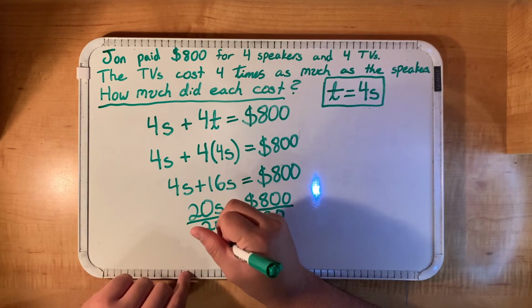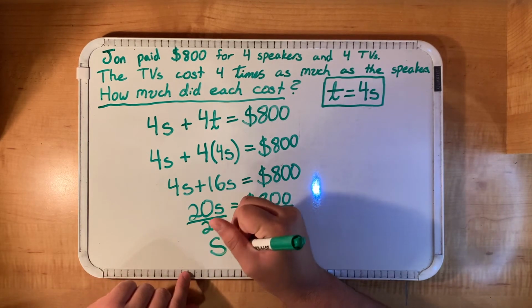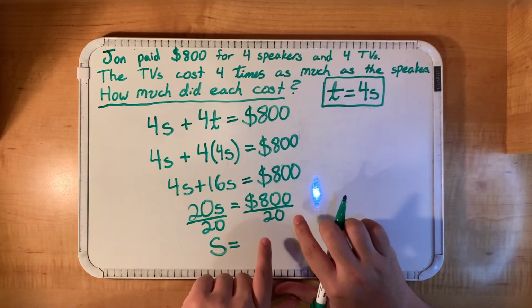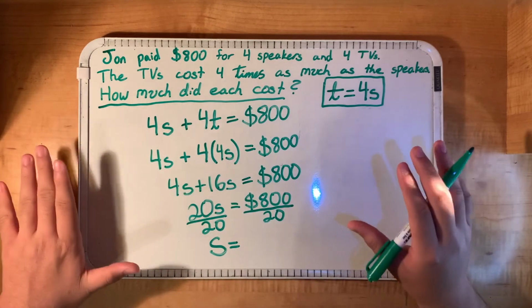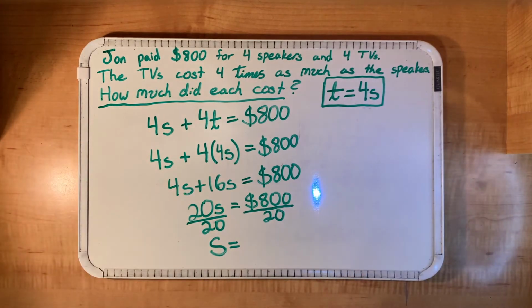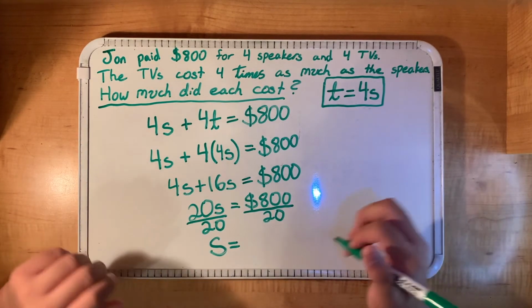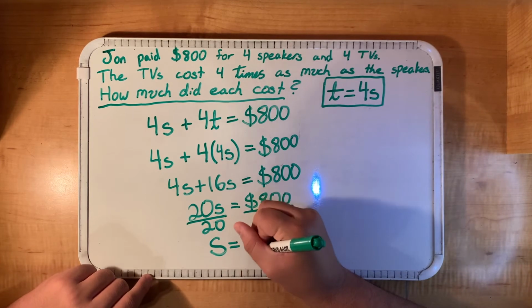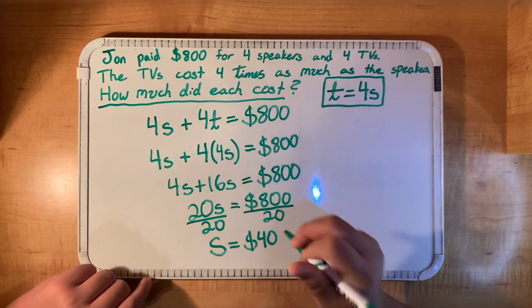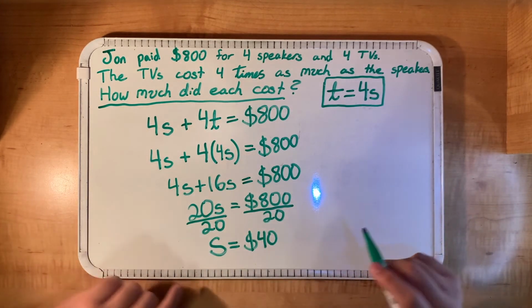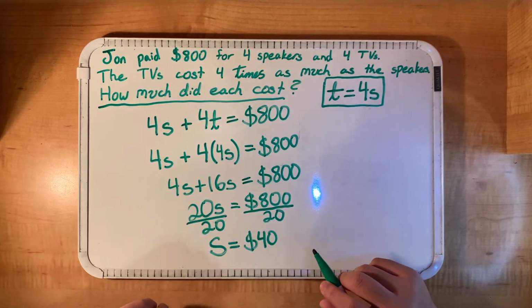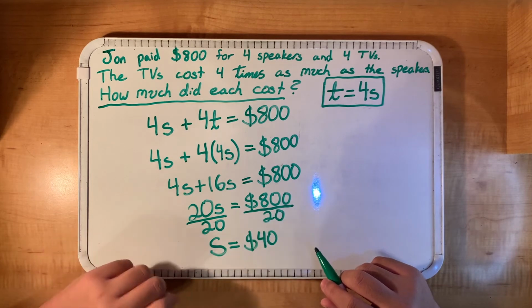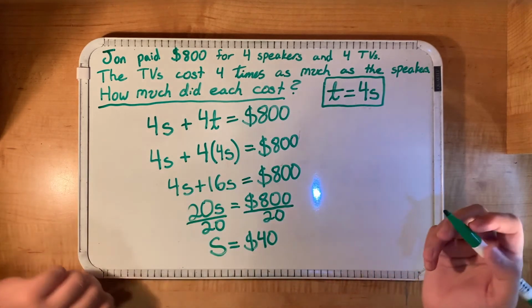So now we have S is equal to $800 divided by 20. What's $800 divided by 20? That's 40. So now we have $40. We have our first price.